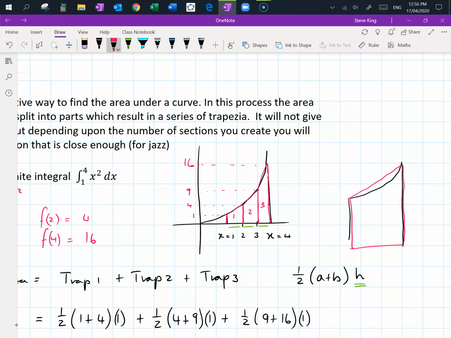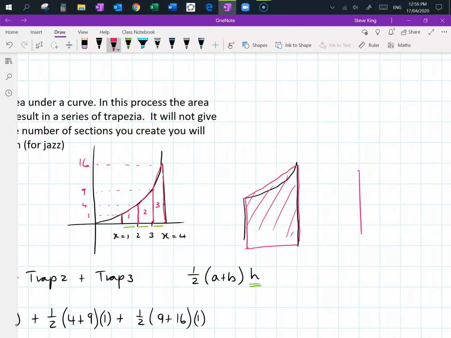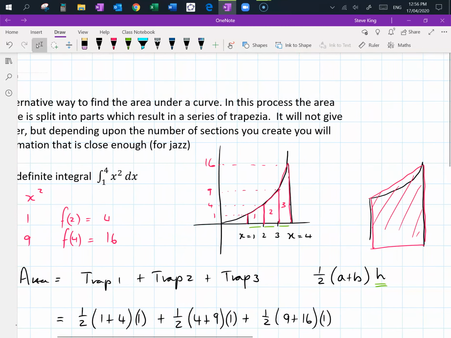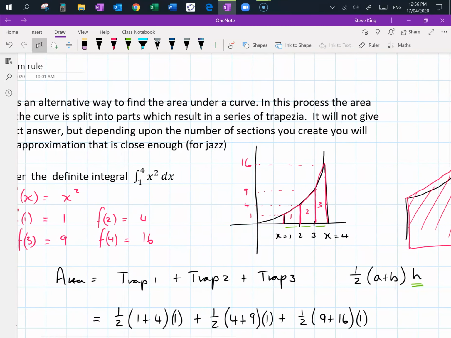So when I work out this area here, I'm actually working out more than the area underneath the curve. Had the curve been slightly different, a curve that went like that, and my trapezium was going to be going there, then I would have worked out the area of the trapezium, and that would be an underestimate of the area under the curve. But again, it would be close enough for the purposes of the approximations we wanted to make.